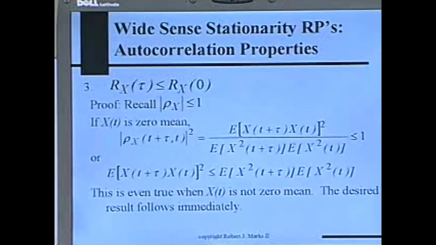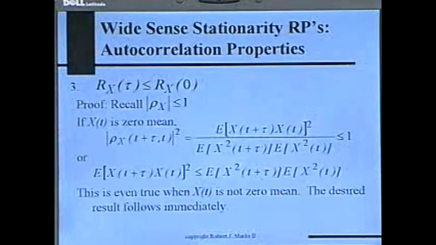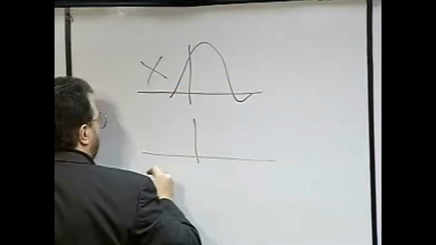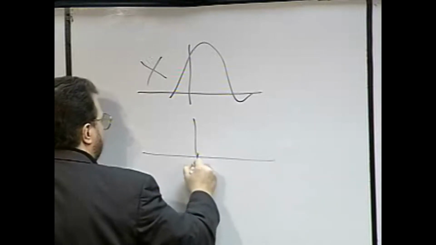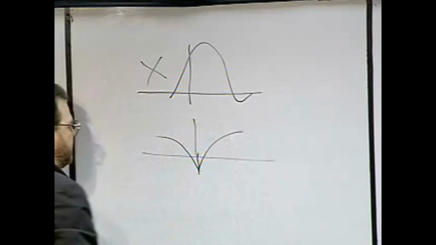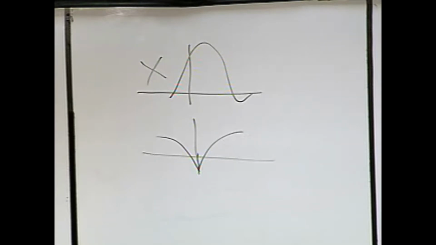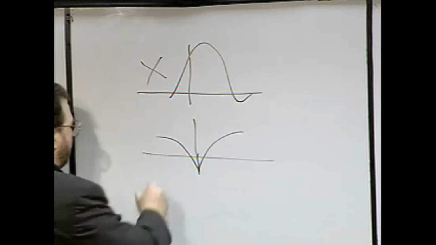So this means that when we have autocorrelations, we can't have anything with an autocorrelation that looks like this because that's not even. We can't have anything with an autocorrelation that looks like that because even though that's even, the origin is negative, so that can't be an autocorrelation.